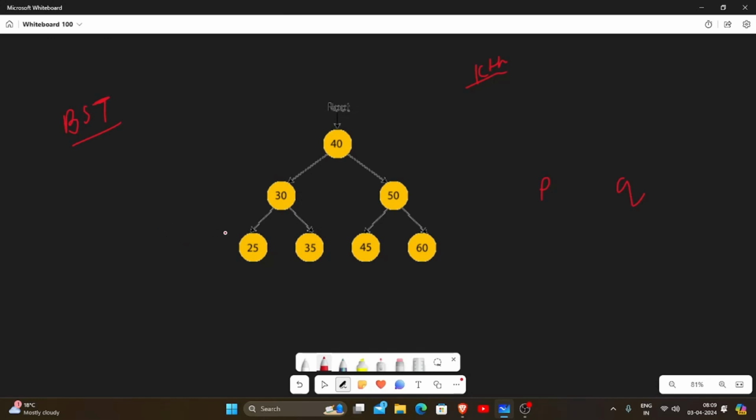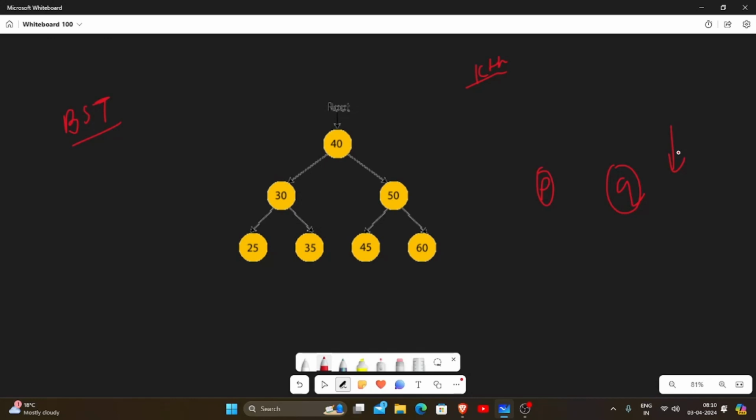If two nodes have to be descendants of some node, then descendants means they are on lower levels. That node has to be at a higher level, because if these two nodes are descendants, then some node has to be their ancestor, and in a tree it is very intuitive that this node would be at a higher level.